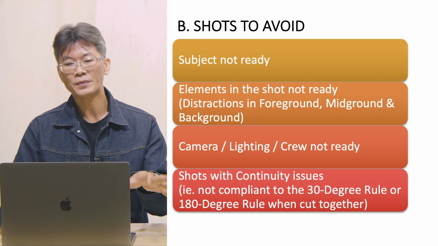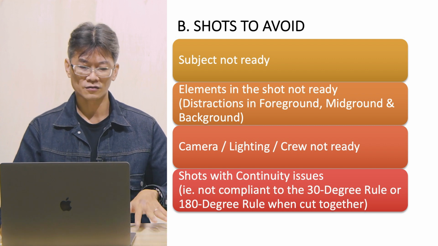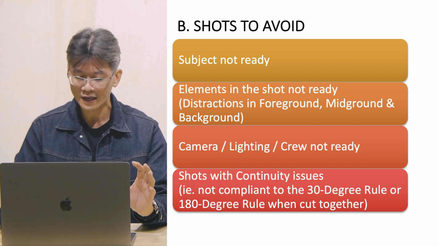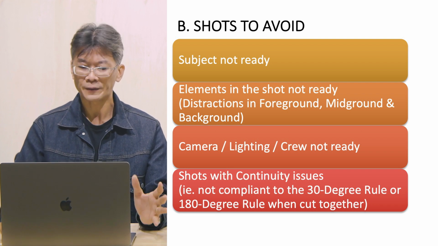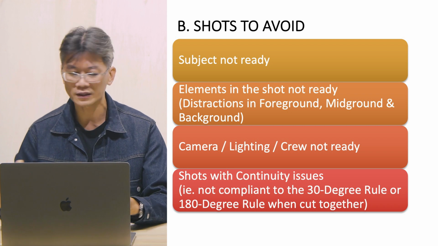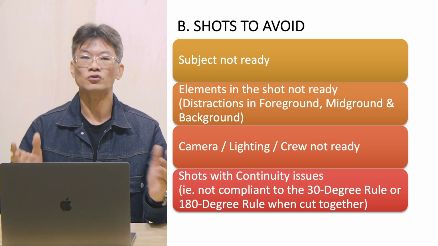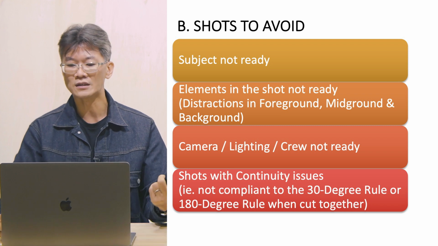Now, next topic is on shots to avoid. As a mixer, when you are mixing, be careful of certain elements that are not ready. Subject is not ready, the person who is supposed to talk is not ready, either distracted or attending to something else, right? Don't use those shots, cut to another shot. Elements in the shot are not ready.